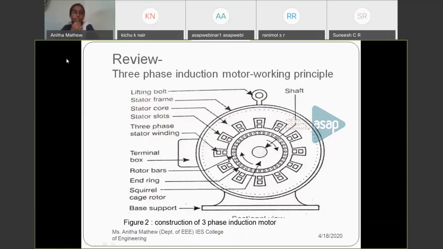In a squirrel cage rotor, rotor bars are placed and all the bars are short circuited at the ends. In a slip ring rotor, windings are provided in the slots and connected to slip rings. This is the basic construction of a three-phase induction motor. Then we are moving to the working principle.